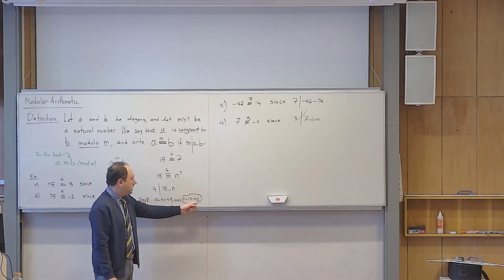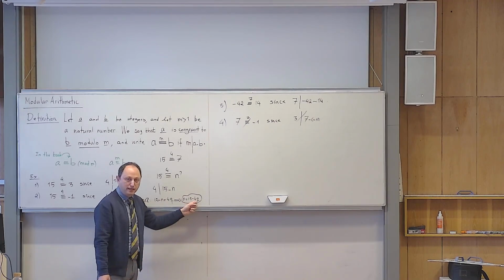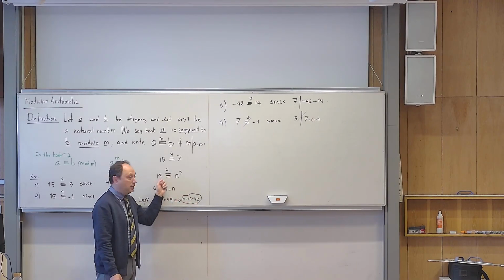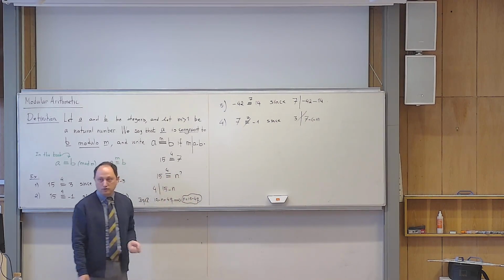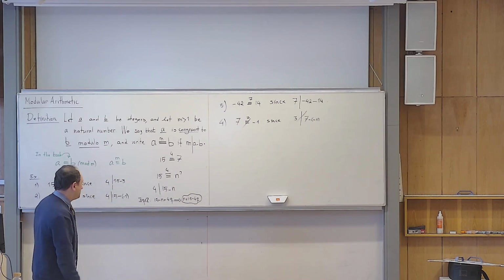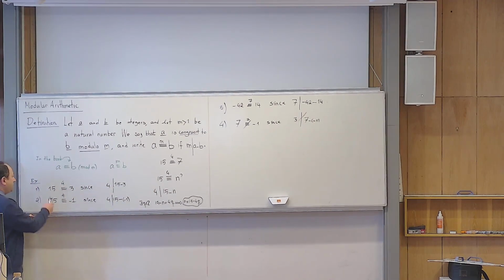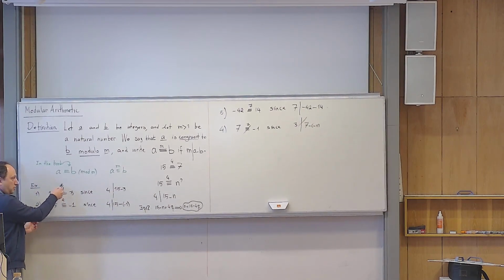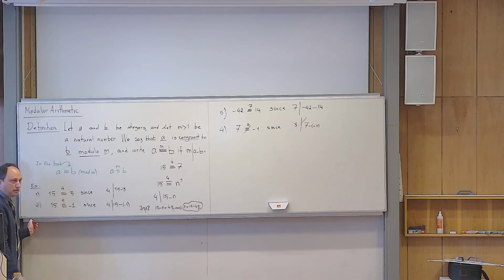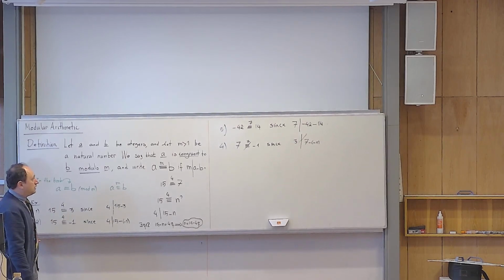So by assigning different integer values to q, you generate all possible names of 15 if you have decided to work modulo 4. Yes? Is that right? This is a good thing to remember. So when we are dealing with modular arithmetic, every number in a given module has infinitely many names. Yes? Okay.